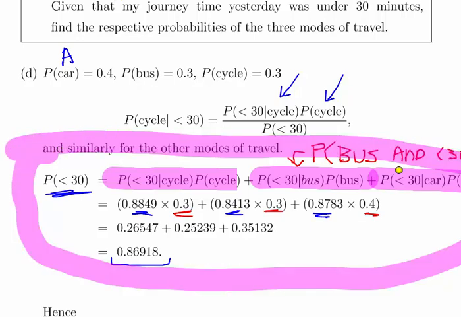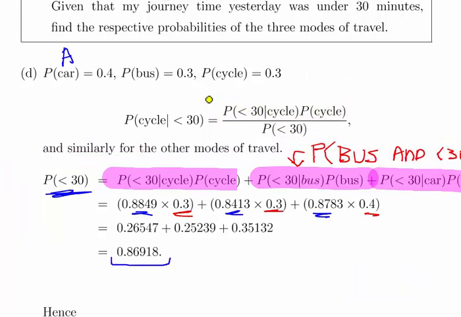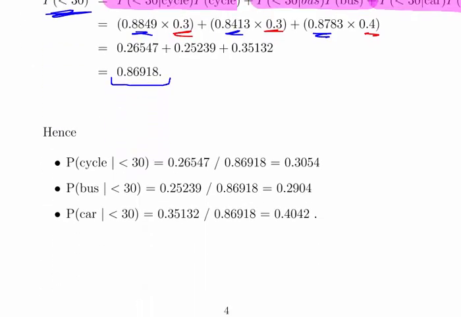Now we know all these for each of the 3 scenarios, the modes of transport, and we know this, and it's the same for each one. So essentially we can use this conditional probability formula to work backwards. This one here is basically this, this one here is this, and this one here comes from here.